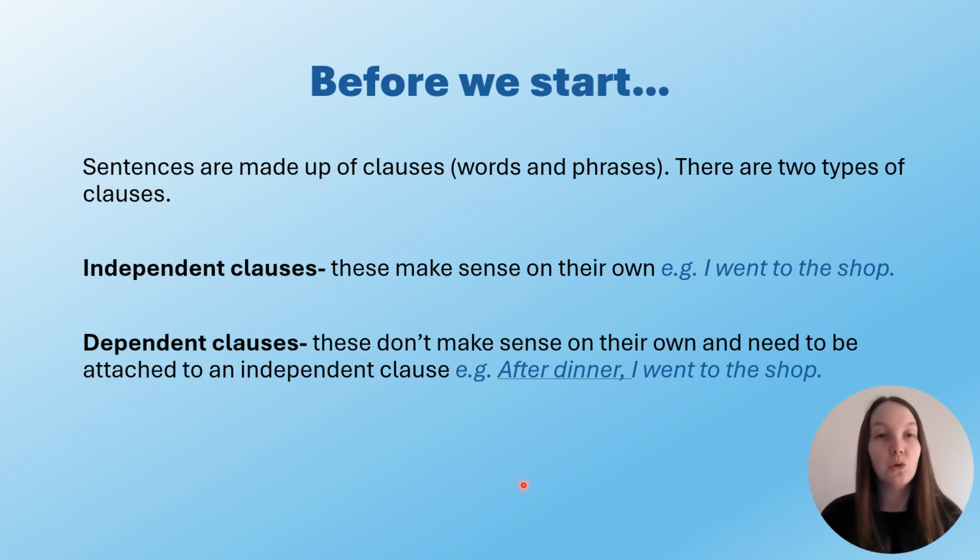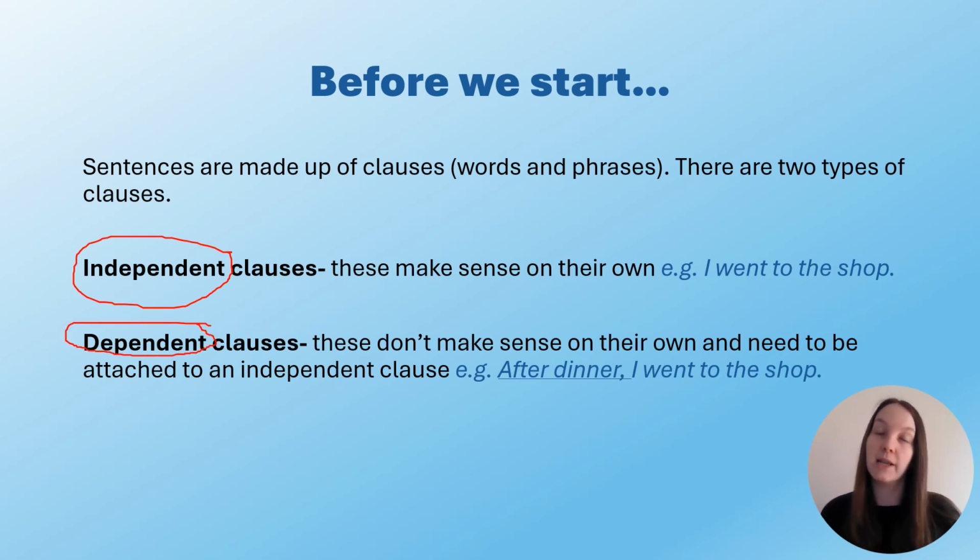A nice way to remember this is when we think about the word independent. We often call people independent when they're able to do things on their own. They have that freedom. So again, a little bit like the clause, it makes sense on its own. It can stand alone. When we think about the word dependent, we think about someone that genuinely needs someone else's help.